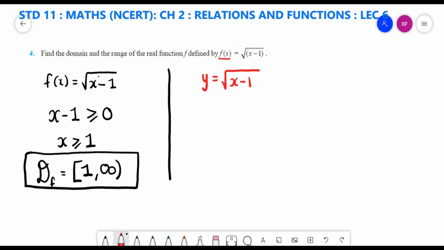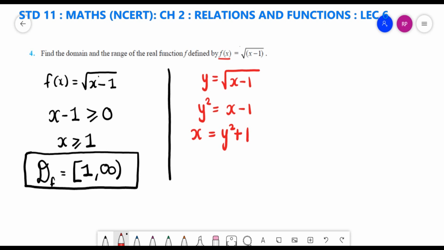Now say y = √(x − 1). Taking square on both sides, y² = x − 1. Clear? Okay. So now what will be x? x = y² + 1.